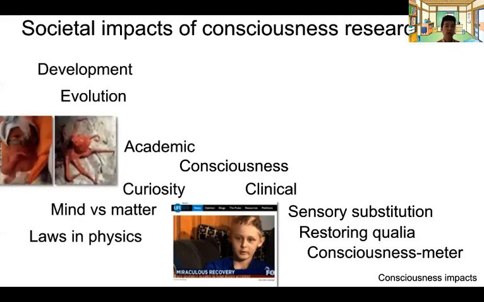Another direction, an academic curiosity type of question, is the mind-matter relationship, or whether the laws of physics are enough to explain consciousness. But the development and the evolutionary aspects of consciousness are also quite important topics. For example, preterm babies are going to increase due to medical advancement.